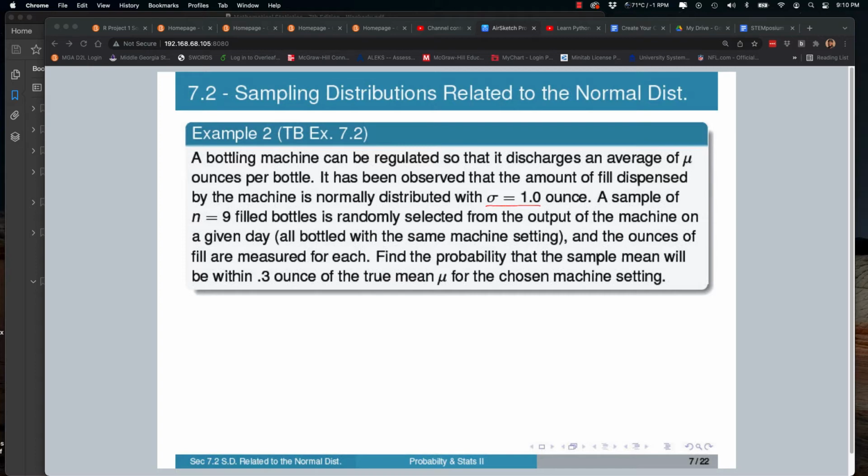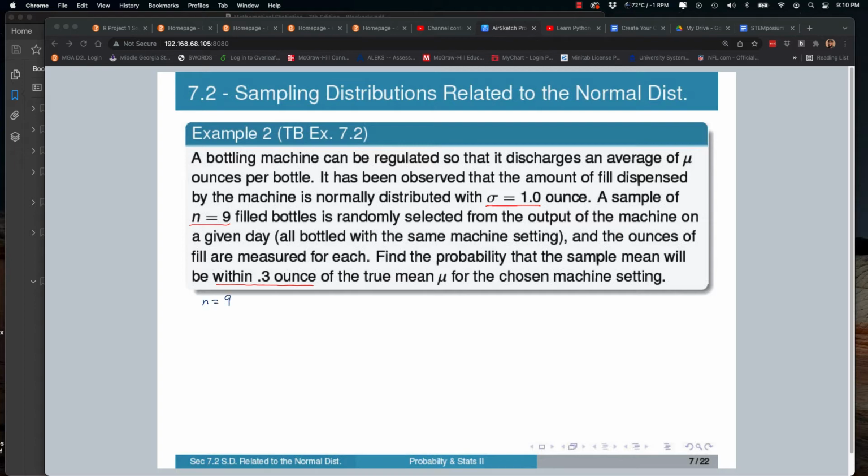A sample of n equals 9 filled bottles is randomly selected from the output of the machine on a given day, all bottled with the same machine setting, and the ounces of fill are measured for each. Find the probability that the sample mean will be within 0.3 ounces of the true mean mu for the chosen machine setting.